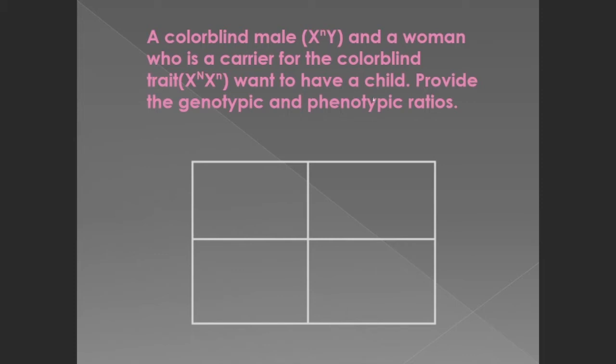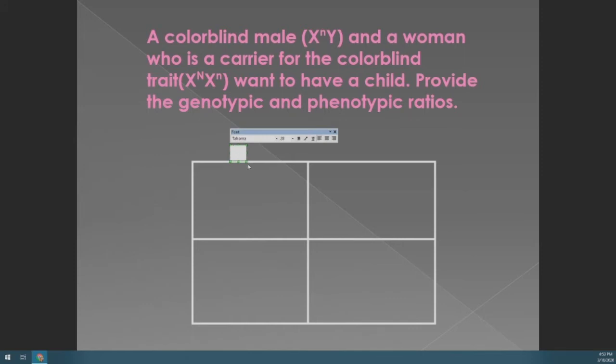So we're going to look at this Punnett square here, and then we're going to look at the genotypic and phenotypic ratios. So we're going to start by putting in their information. So we have X, and I'm just going to put a big N because trying to get a superscript on here is a little bit of a pain.